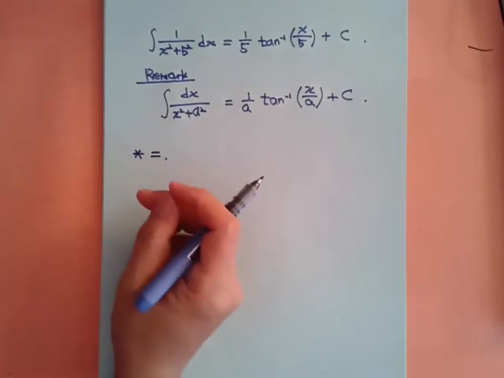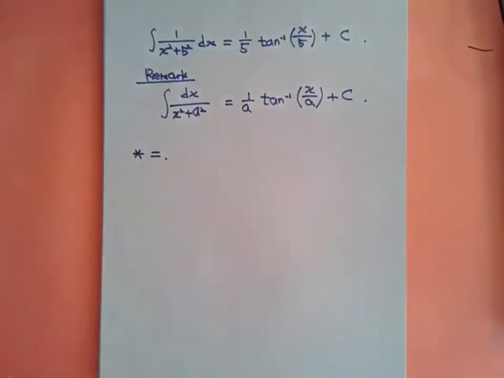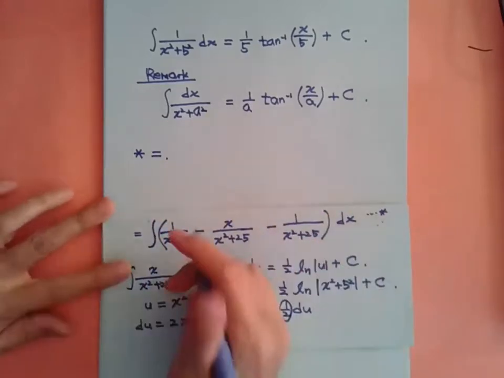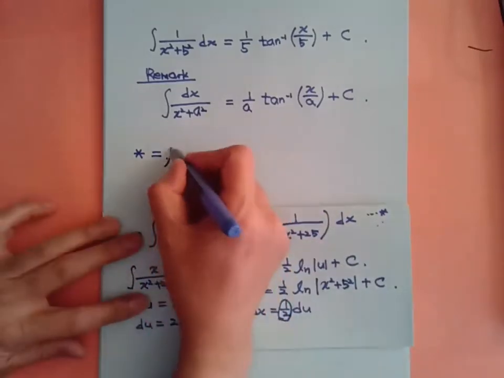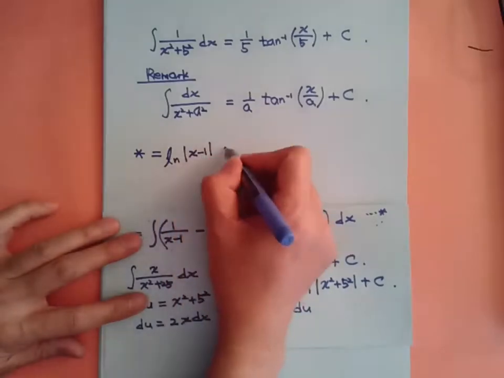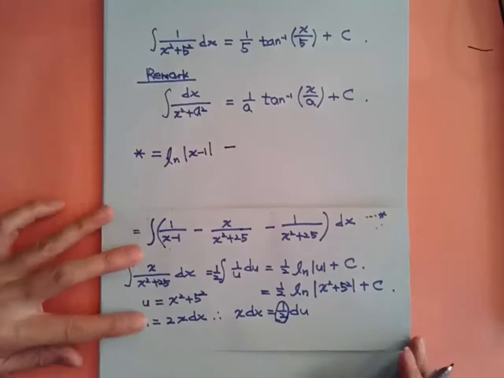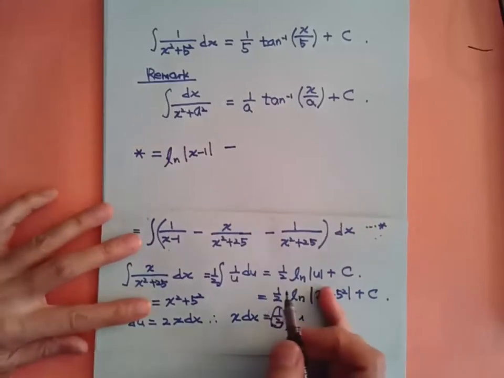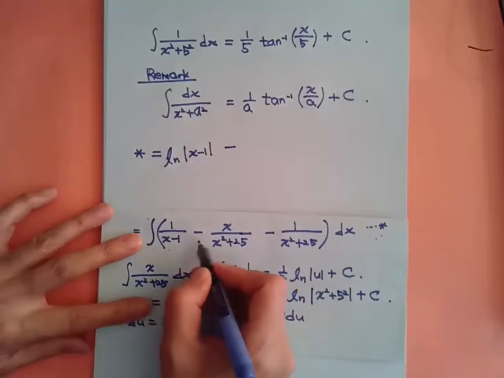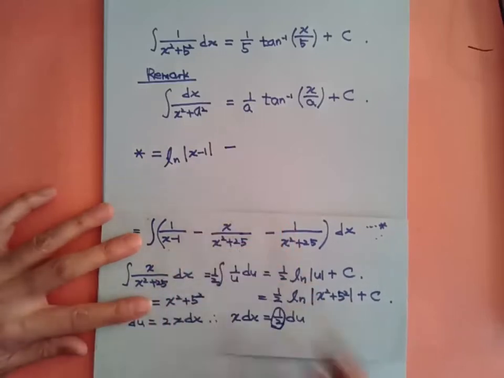So we will combine all of those together. The integration of the first term is natural log of absolute value of x minus 1. The second one is 1/2 times natural log of u, but there was a minus, so I will keep the minus in the middle.